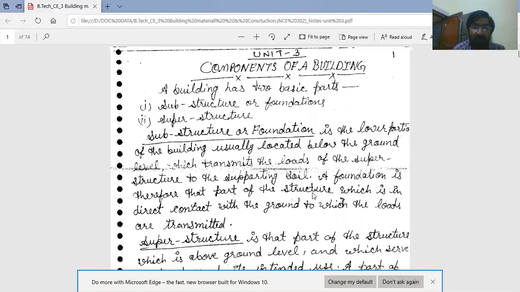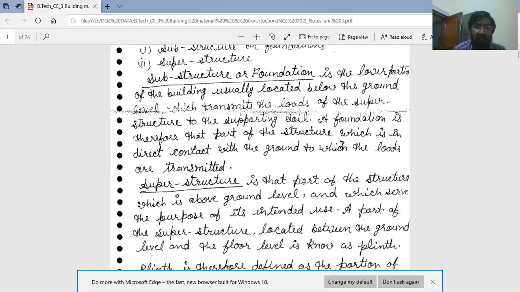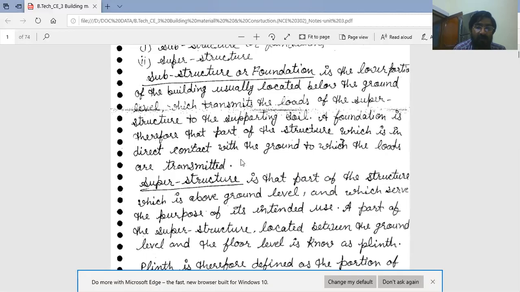A foundation is therefore that part of the structure which is in direct contact with the ground or soil to which the loads are transmitted. This is the substructure or foundation, the buried part of the structure.